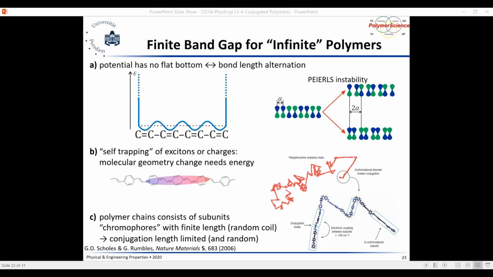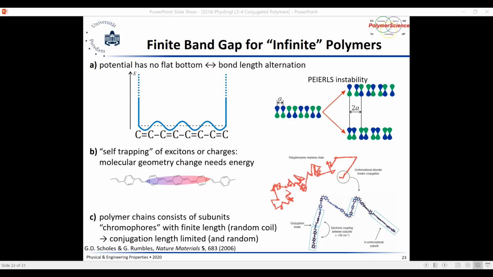Chain organization and crystallization introduce long-range order and affect intermolecular electronic coupling. And this can be altered by simply heating a polymer film above its glass transition temperature to allow the chains to reorganize.